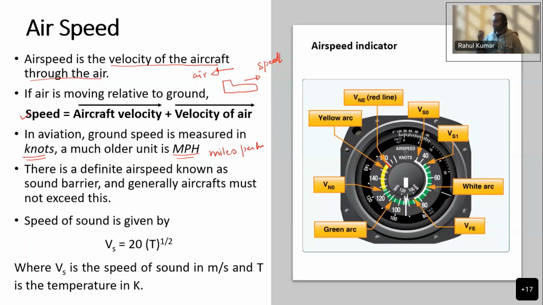So if the aircraft is flying at the speed of sound or more than that, your structural damage will increase. To avoid it, we try to operate below the speed of sound.